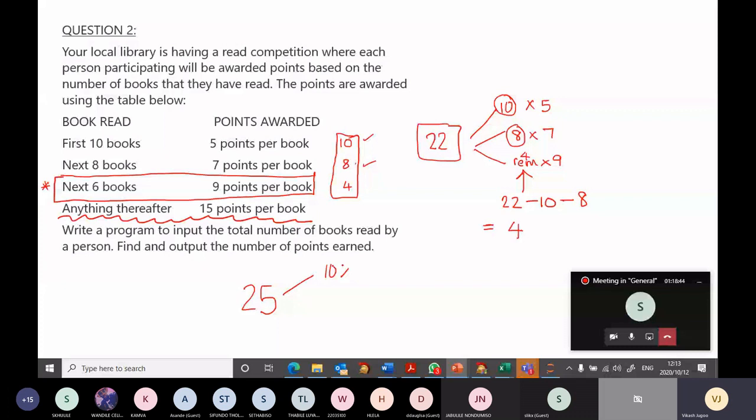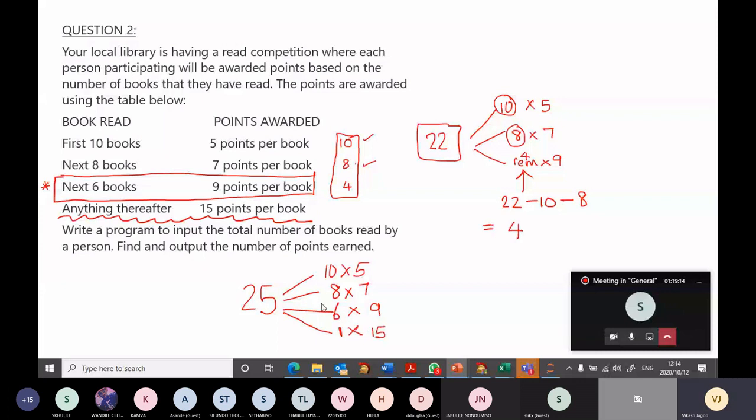The next 8 at 7 points. The next 6 is at 9 points. How many books have I read so far? 18, 24. But what's the remainder? 24, there's still 1 left over. 25 minus 10 minus 8 minus 6, 1 remainder, and that must be multiplied by 15.